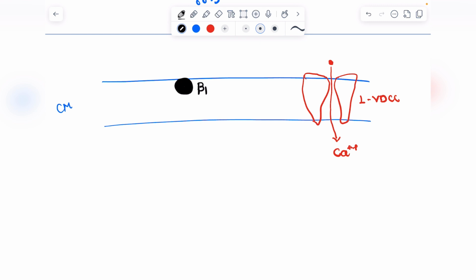What I mean by that is it is linked to one extra protein, the G stimulatory protein, GS. Whenever a beta agonist binds to beta 1 receptors, it stimulates them, which in turn stimulates the GS subunit, and upon stimulation of GS, it will act on the adenylate cyclase present in the cell membrane.